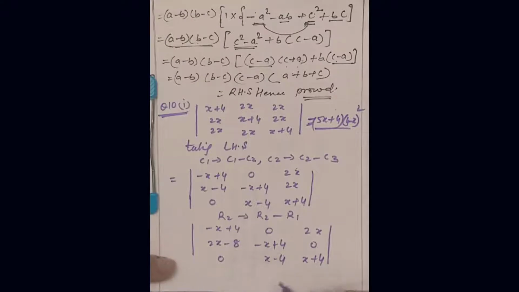Now we can do one thing, because this 4 minus x is a factor in the right hand side. This is (4 minus x) whole square. So what we can do here, from here we can take common 4 minus x. For that, this is already 4 minus x, and from here we take minus common, so that can be done. Here also that can be written as 4 minus x.